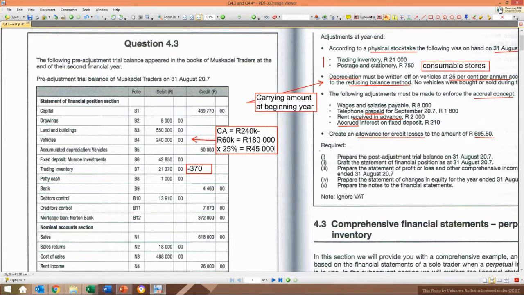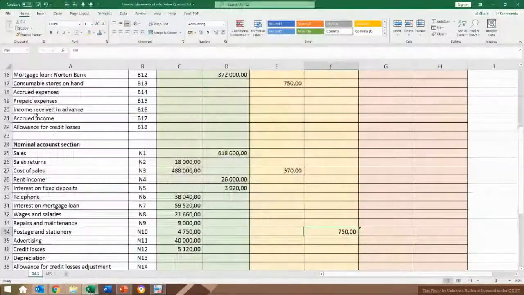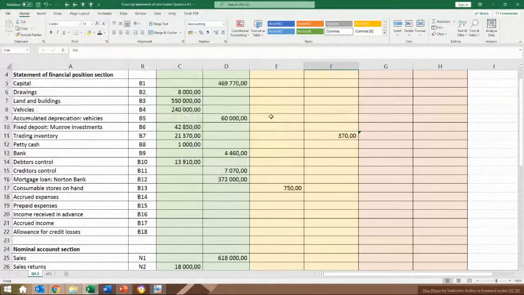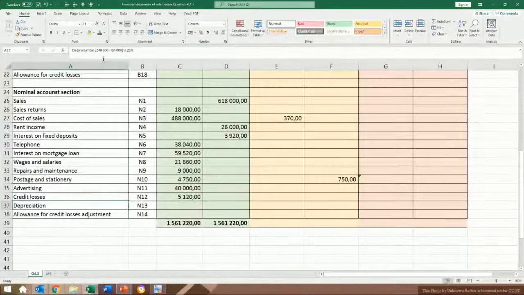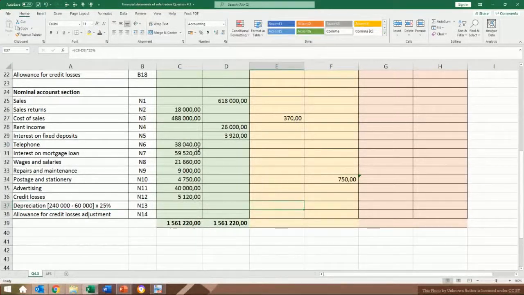Okay, now when I account for the depreciation, I need to create an expense account, which is depreciation, and I then have to increase the accumulated depreciation with that amount. So the first step is I increase the accumulated depreciation, which is a negative asset, on the credit side with the amount calculated, and depreciation here at the bottom, I debit it with the 45,000 that we've calculated, because that is the expense that we've incurred.